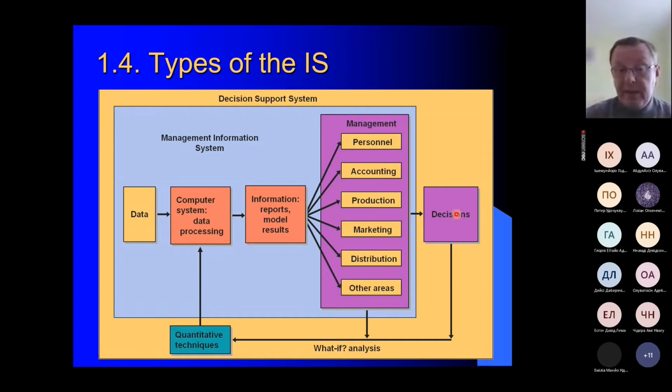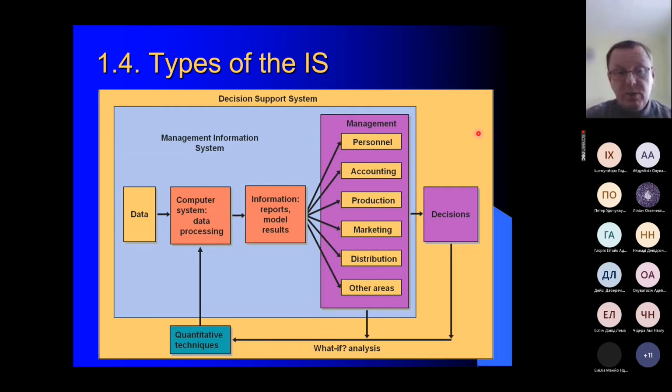Then the manager makes a decision and enters it into the system, and if you talk about a decision support system, it can provide what-if analysis and even suggest decisions, then make an automatic assessment of the quality of this decision and provide the result back into the management information system.